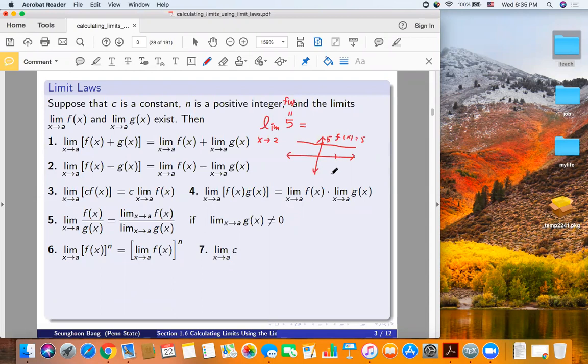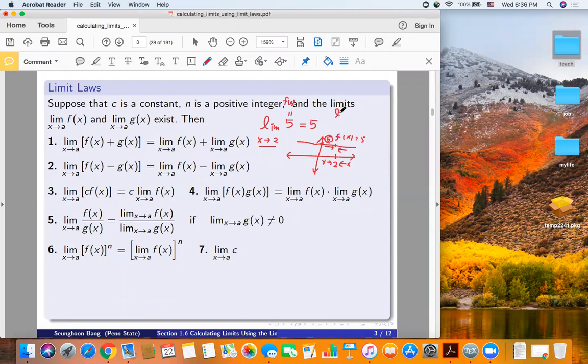Could you mute your audio? Thank you. So this is 2. x approaches 2 from the left and from the right. What happens? The corresponding function value approaches this point. The y value of this point is 5. So the answer is 5. This is the idea.